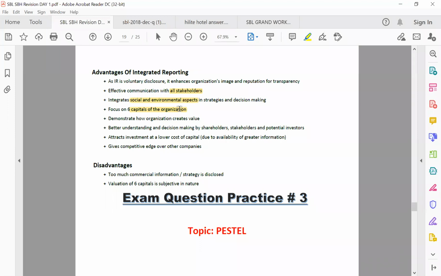Can you please tell me? This is something which is related to Bitcoin. I'm giving you a hint. There is a huge example on integrated reporting that I recently came across. Can anyone tell me? SBH company.